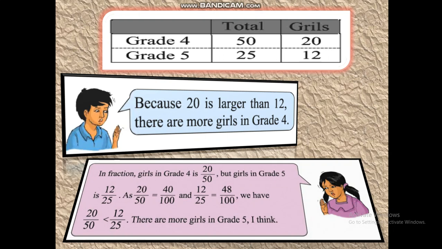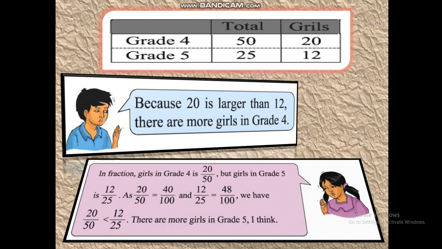Girls in grade 4 is 20 divided by 50, but girls in grade 5 is 12 divided by 25. 20 divided by 50 is converted so that the denominator is 100. That means 50 into 2, 20 into 2. 50 into 2 is equal to 100, 20 into 2 is equal to 40.